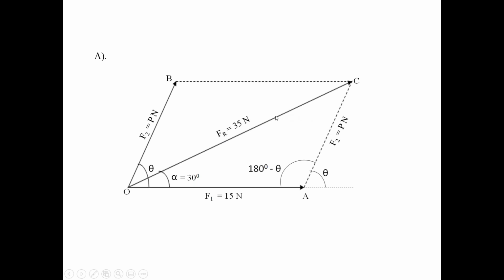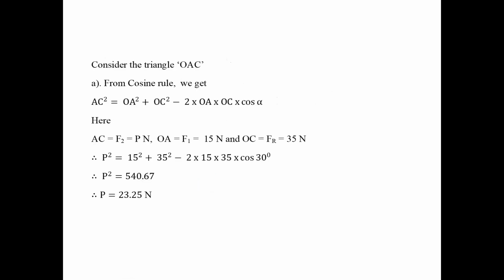According to the cosine rule, AC square is equal to OA square plus OC square minus 2 into OA into OC into cos of the angle between the sides OA and OC, that is 30 degrees. That is the cosine rule applied to triangle OAC.